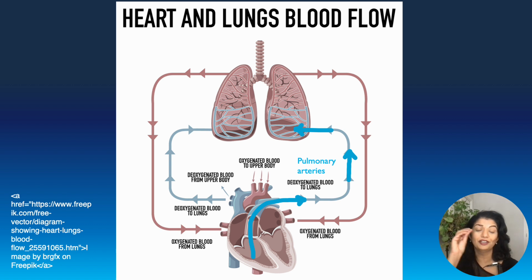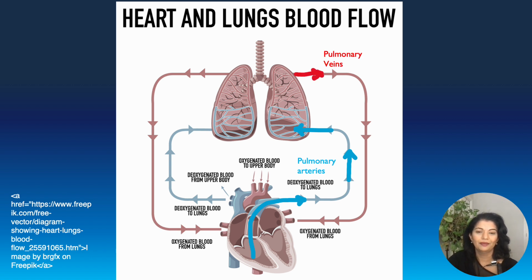So the pulmonary arteries carry what type of blood? Deoxygenated. That's all the blue arrows, right? Now, in the lungs, something amazing happens. The blood picks up oxygen and releases all the nasty stuff, the carbon dioxide and all the waste. Now, this becomes oxygen-rich blood, which travels back to the heart to the left side, okay?